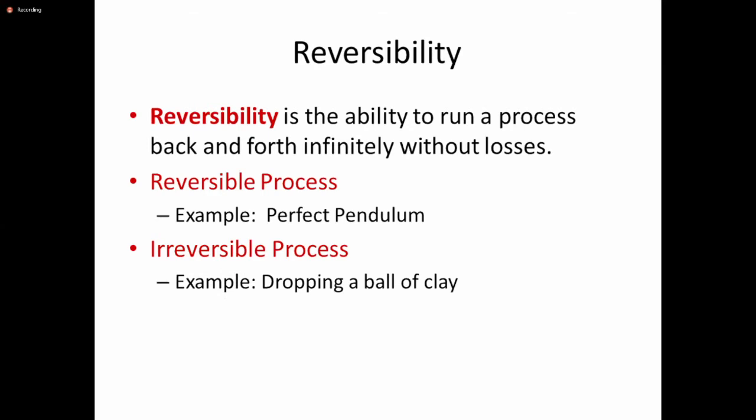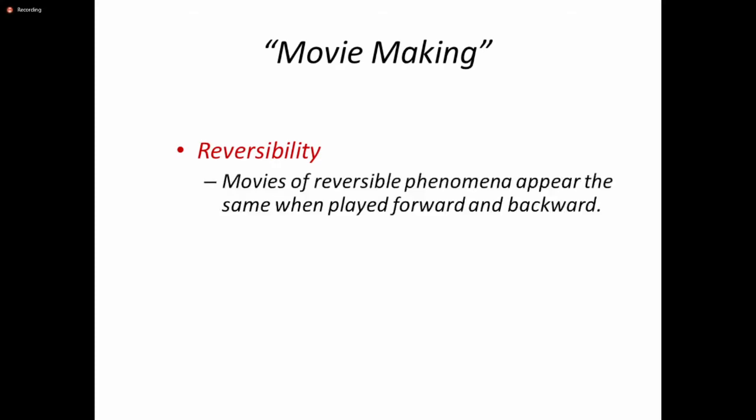It is not possible for us to reverse the process and get the perfect ball again. It is irreversible. Movie making, running in reverse and forward without any loss of the track, is called reversibility. Movies of reversible phenomena appear the same when played forward and backward. This is not an actual thermodynamic example, but we can correlate it with our thermodynamic concept. For irreversibility, the opposite is true.